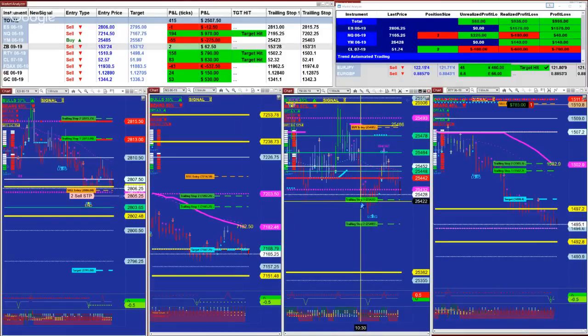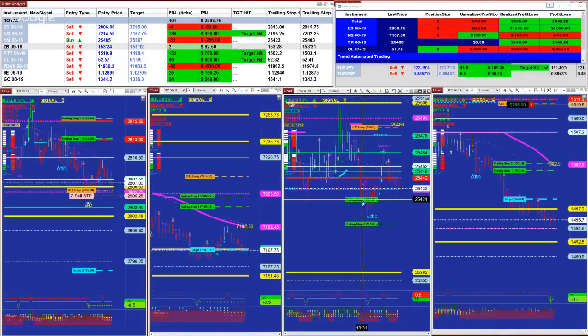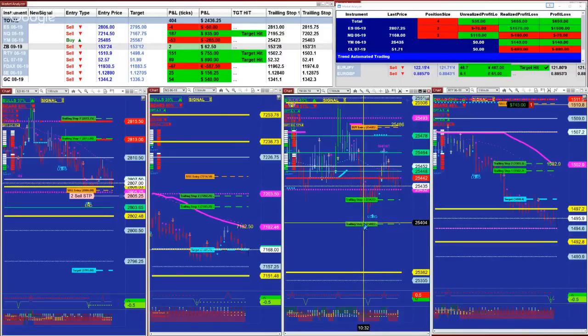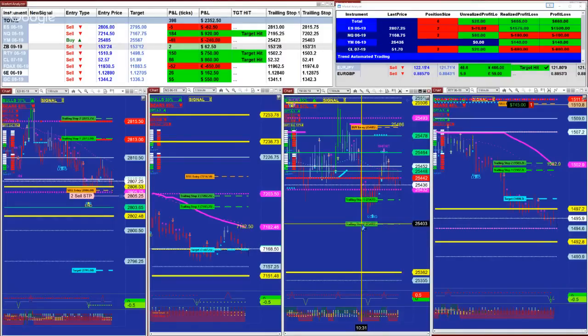The trailing stop here is the floor fibs. And on the YM, it is very important to start breaking the first floor fib, 5424. This is a minor floor fib, and this is the major one, 5403.